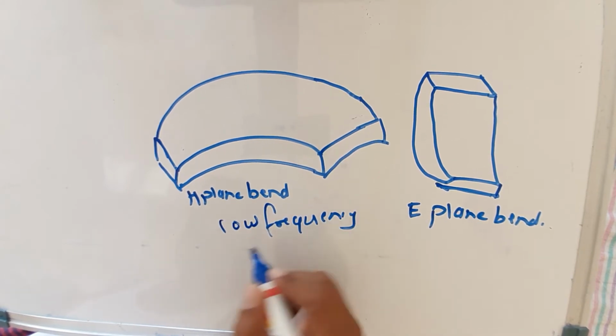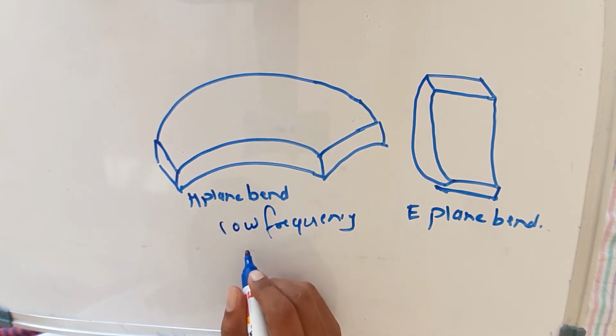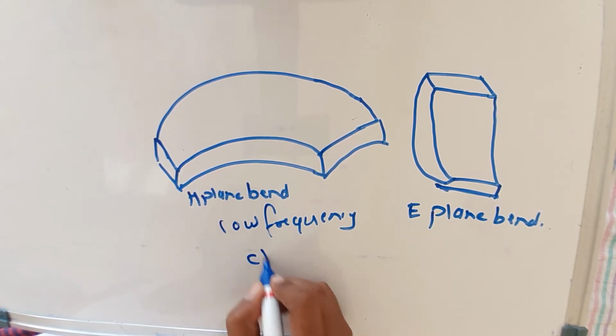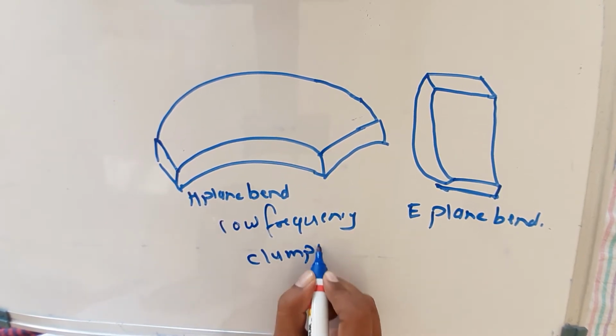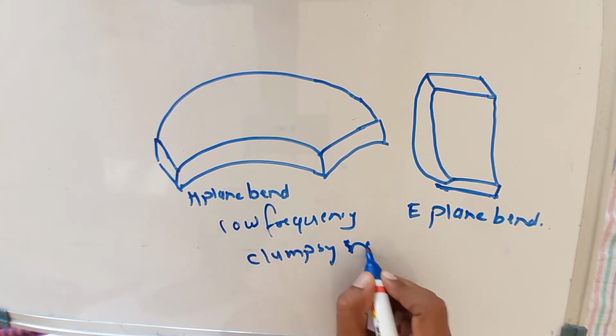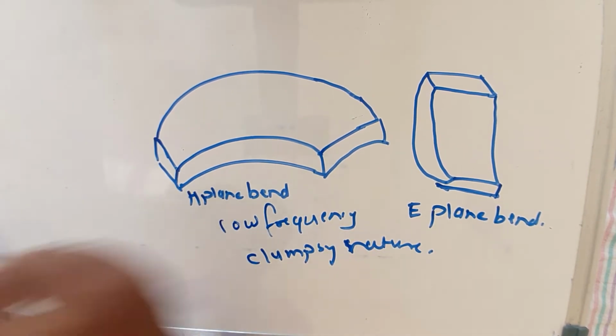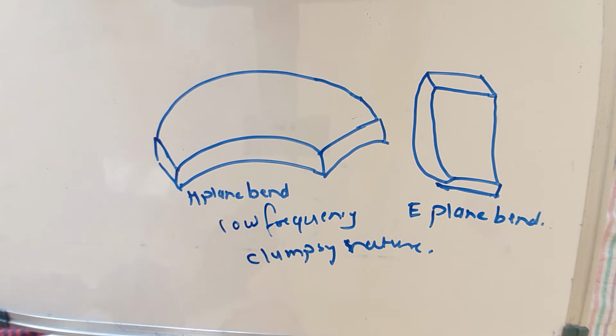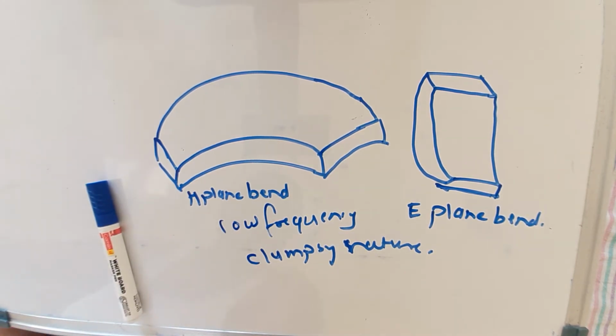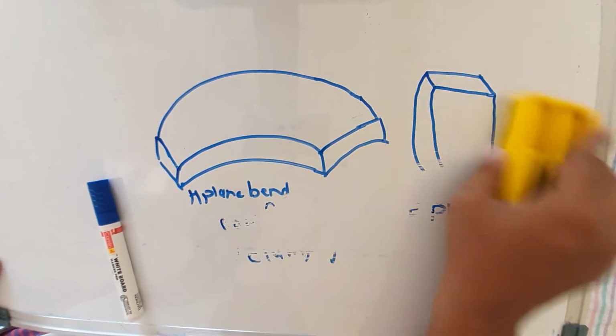At low frequency a bend becomes inconvenient because of its clumsy structure. It will cause some reflections or losses inside the waveguide. In order to avoid this, we have to use the corners.